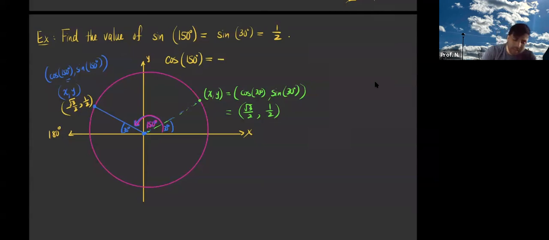It's actually the negation of cosine of 30 degrees, which is negative rad 3 over 2. So this is where reference angles come back into the mix.